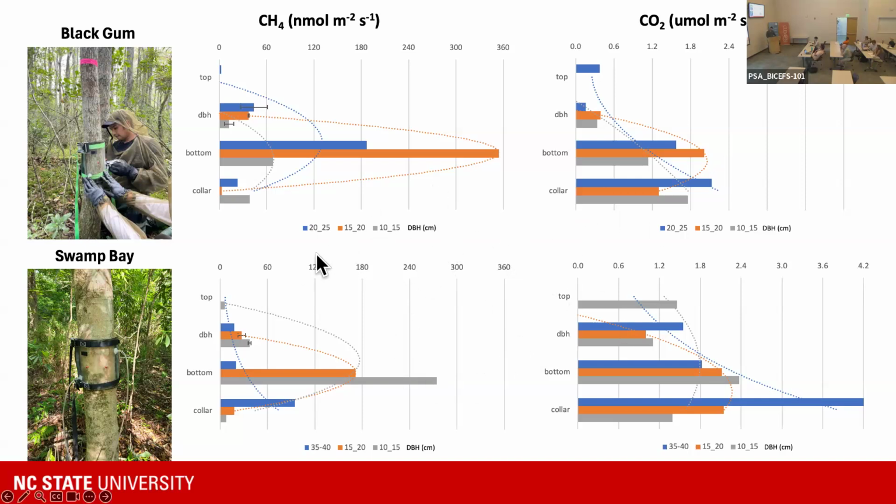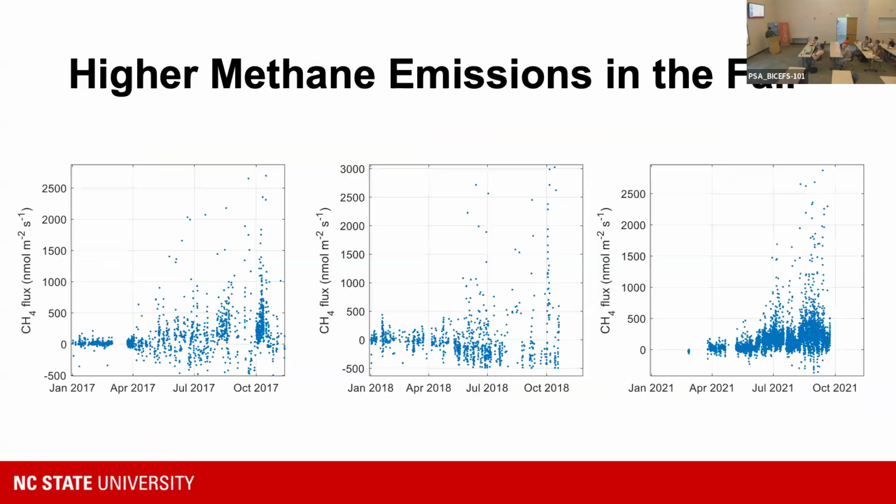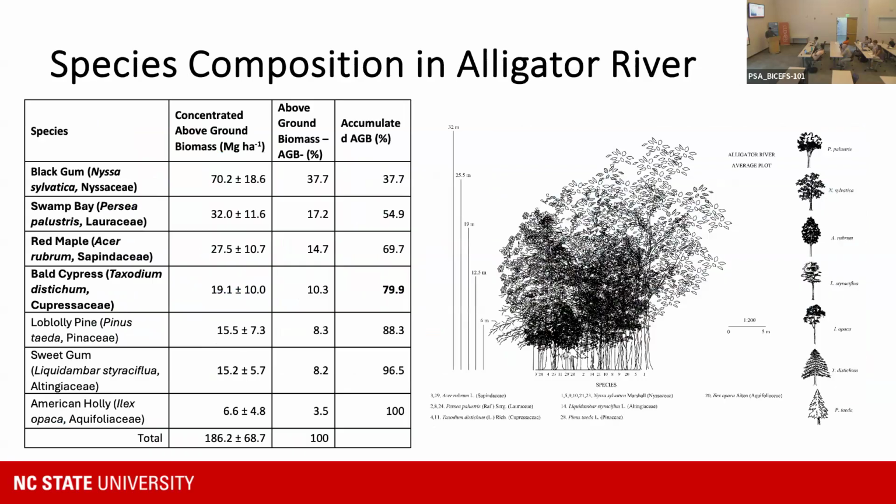I do have a question about the species you were listing. A number of them are noted for their ability to transport oxygen down into the roots. The black gum and the cypress for sure, which a fellow that was director here several decades ago actually worked on.